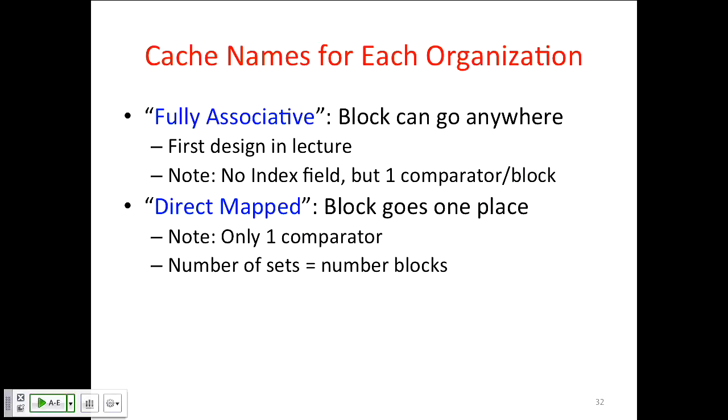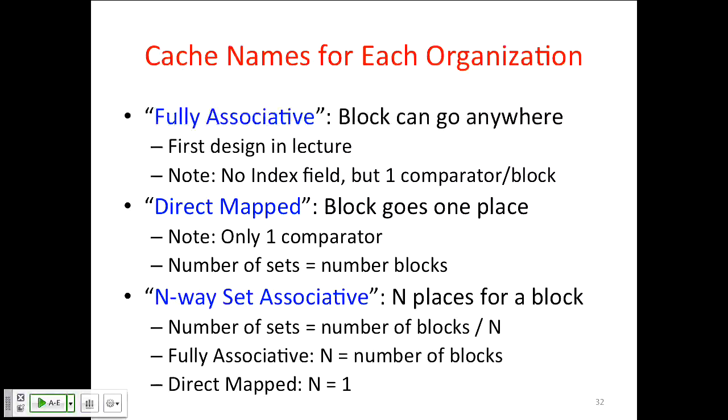The other extreme is where you only allow the block to live in one place in the cache. That's the version we just looked at, and it's called a direct map cache. There's only one location any memory line can live in the cache, so you only need one comparator to check the one possibility where it might be. That's the simplest cache design. Most designs are actually in the middle ground, which we call n-way set associative.